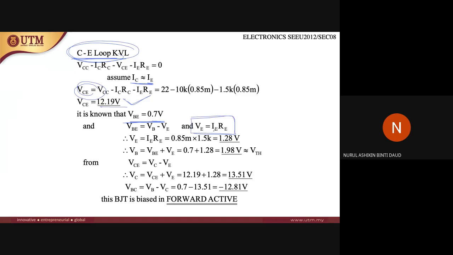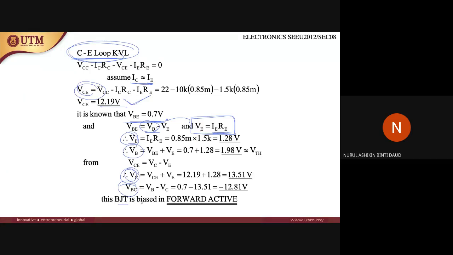Once you know VE, you can find the value of VB. Once you have VB and VE, you can find the value of VC, and from here we can also find the value of VBC.